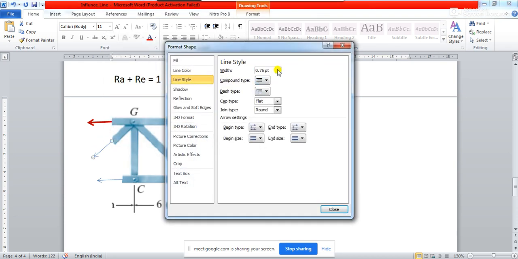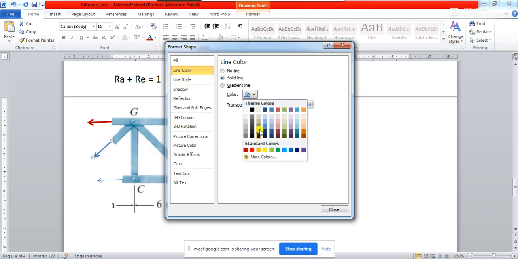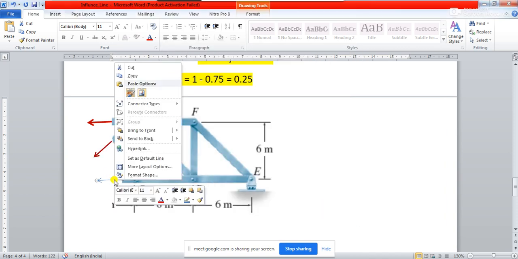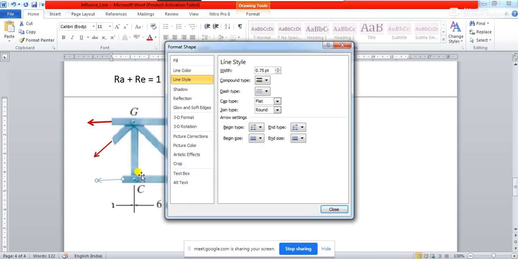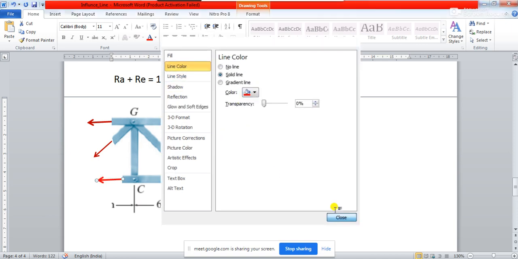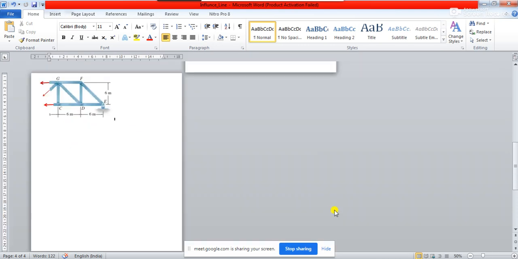So for these three members, we have taken the right side of the truss after making the section, and we are just putting the member forces in the truss.